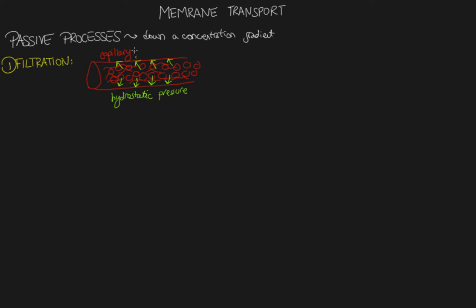And as a result, it's going to result in movement of some of the fluids out of the capillary across the wall, so between the gaps of the cells lining the wall of the capillary. And so this movement of fluid outside of the capillary is called filtration. So as a definition, this is the process by which physical pressure forces, in this case hydrostatic pressure, force the fluid through the selectively permeable membrane.